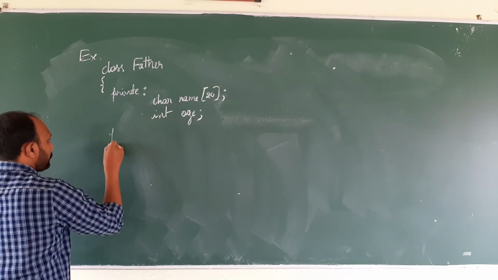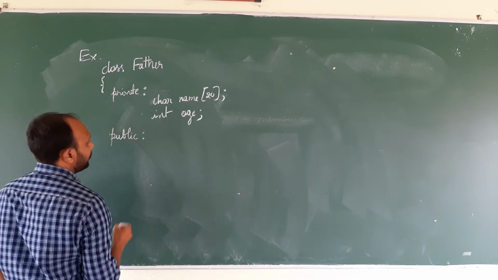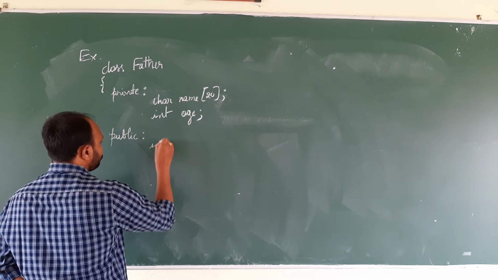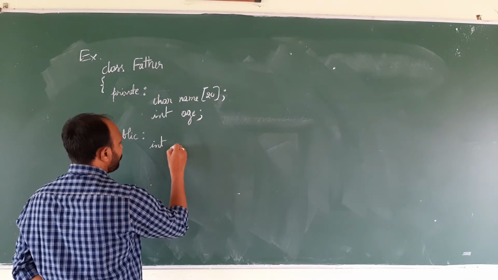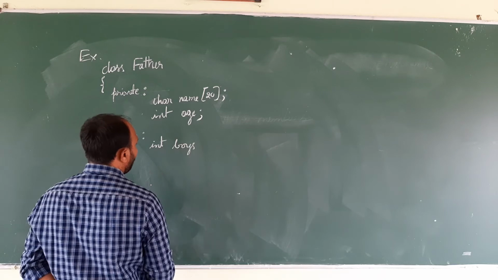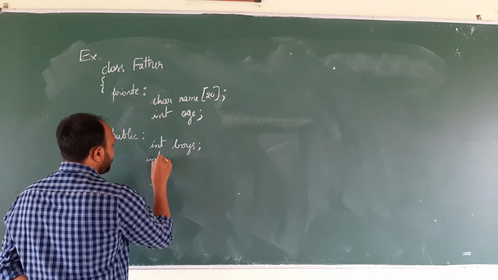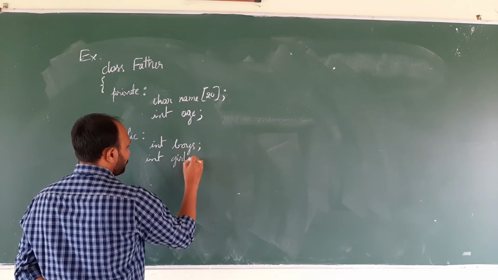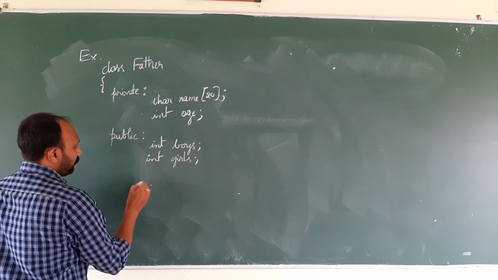Next, within the public access specifier, let us also hold the number of boys, that is male children, and similarly the number of girls, that is female children.